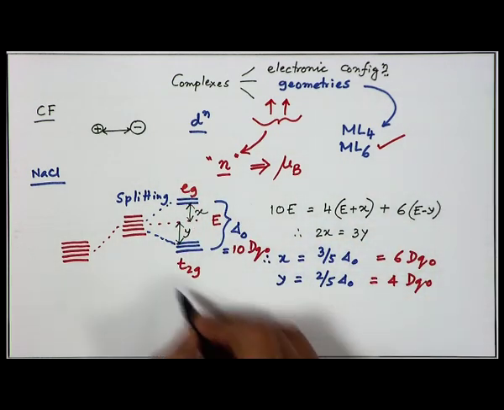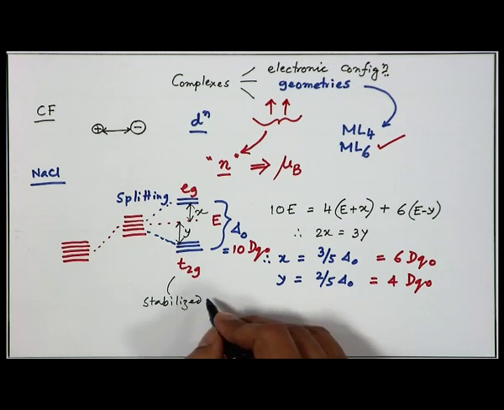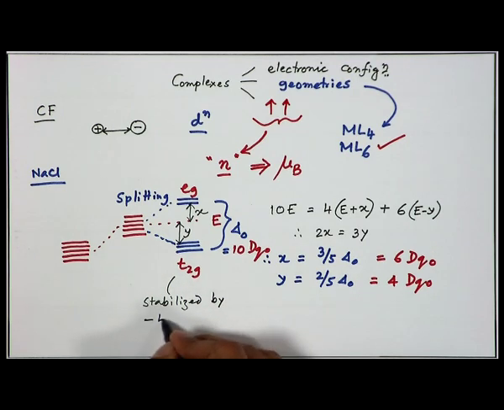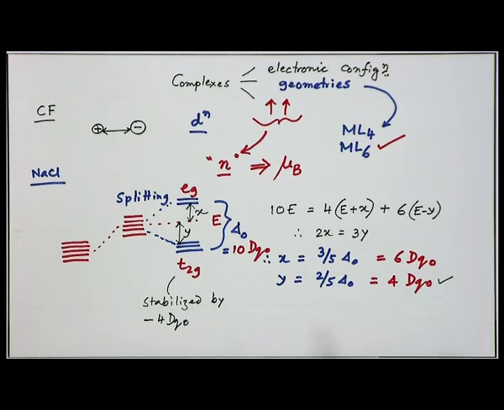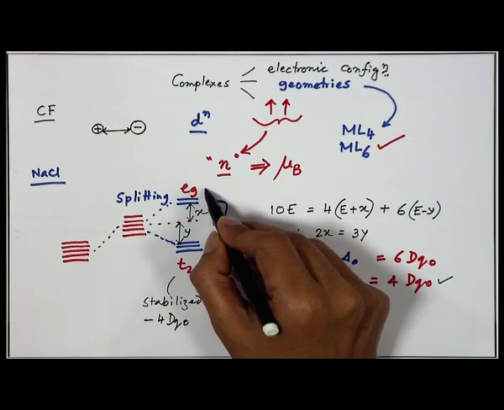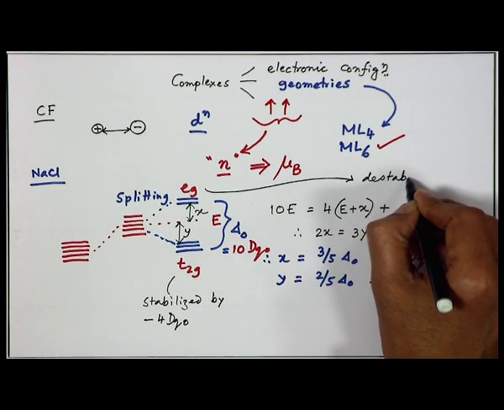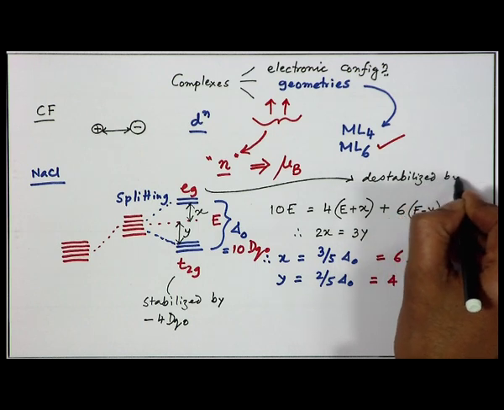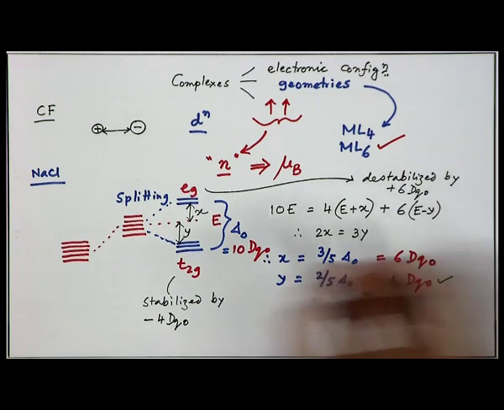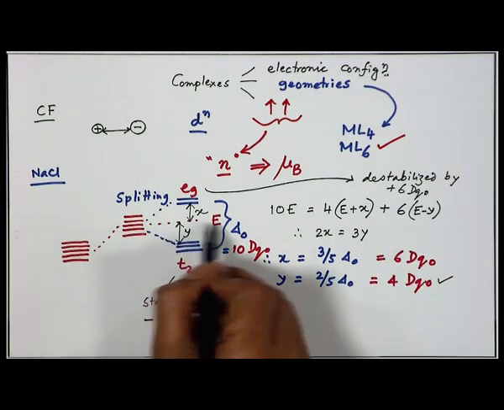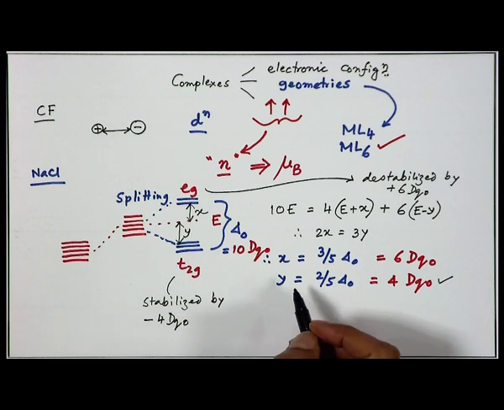This t2g level is therefore stabilized by minus 4 Dq, which is the magnitude of y, and the eg level will therefore be destabilized by plus 6 Dq with respect to the unsplit barycenter, with respect to this E level. So, with respect to this, we can find out how the splitting can take place.